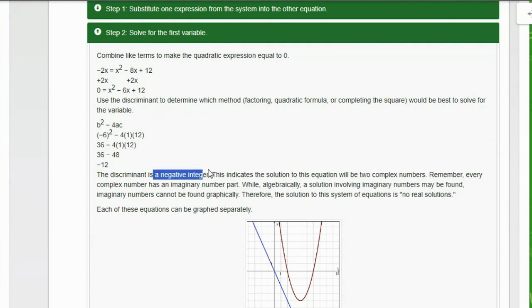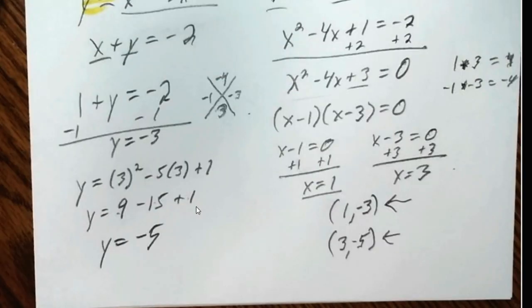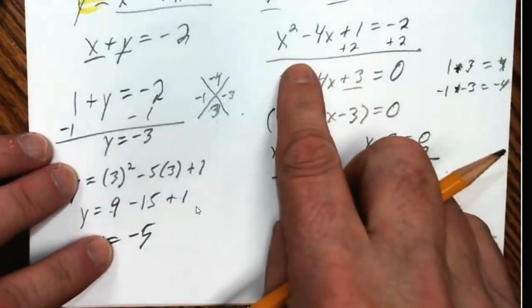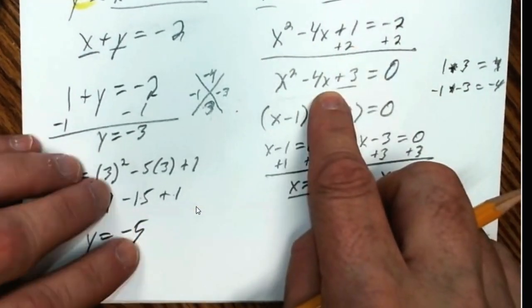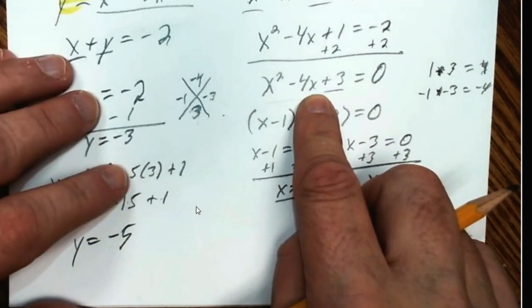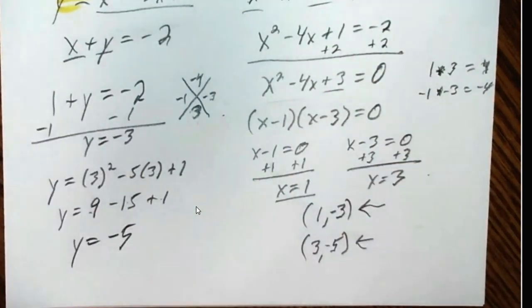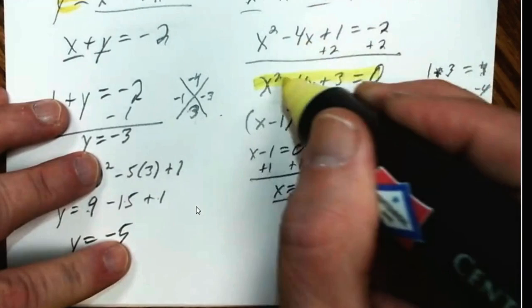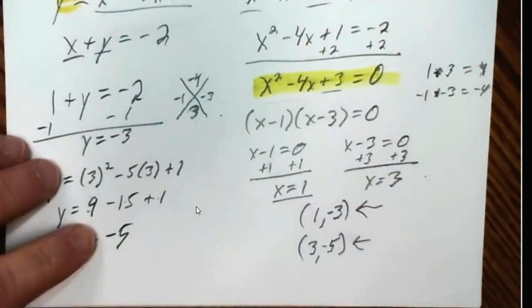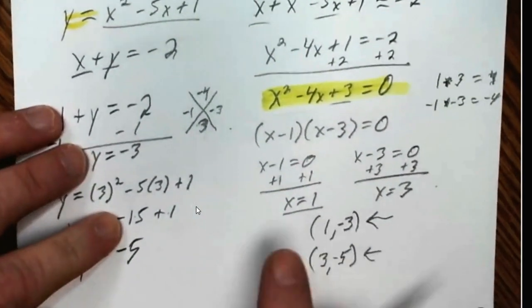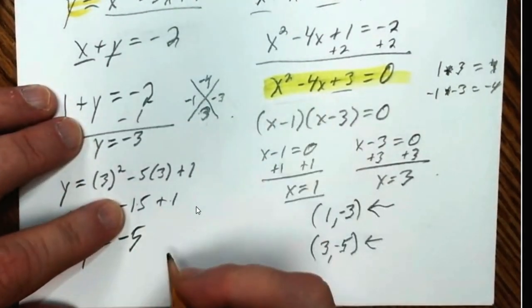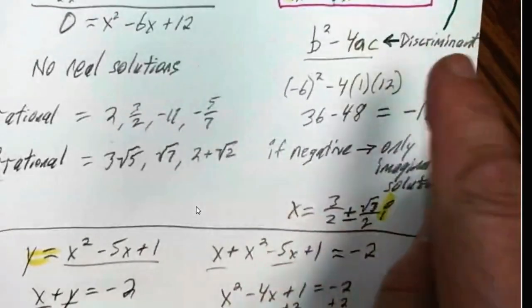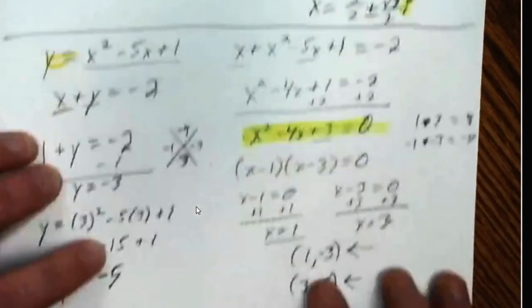I probably should have tested the discriminant here. Let's do that real quick. When I got it down to this equation right here, where it equals 0, I should have tested the discriminant. So let's highlight that, and let's see. The discriminant should have been a positive perfect square, right? So let's check this discriminant, the b squared minus 4ac.